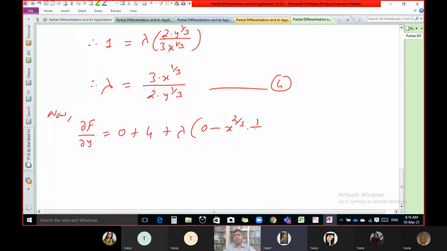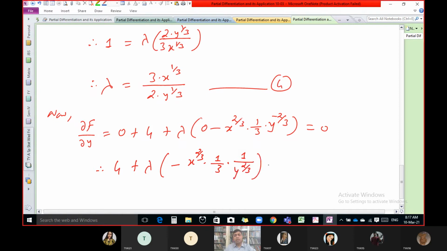It is 1 by 3 y raised to minus 2 by 3. Correct, equal to 0. Now simplify. So this 4 plus lambda, this is minus x raised to 2 by 3 into 1 upon 3 into 1 upon y raised to 2 by 3 equal to 0.